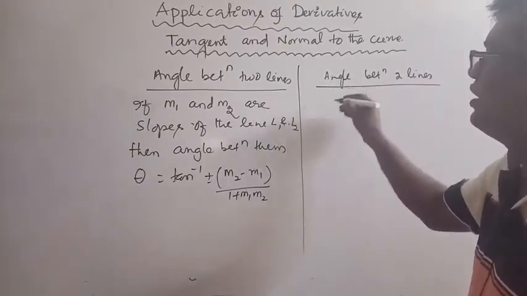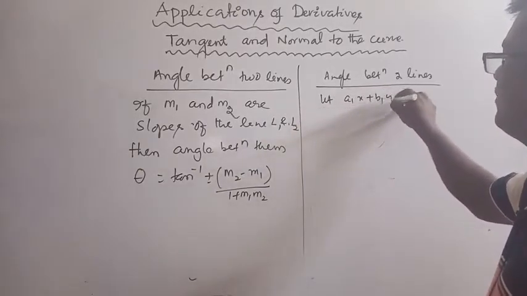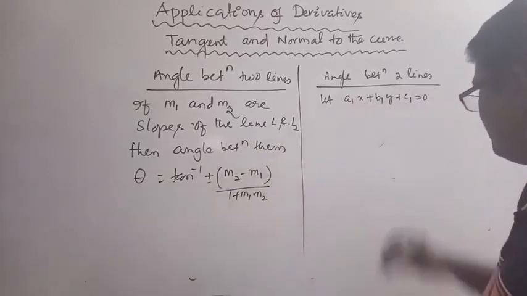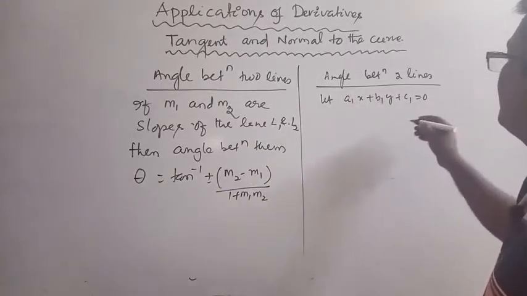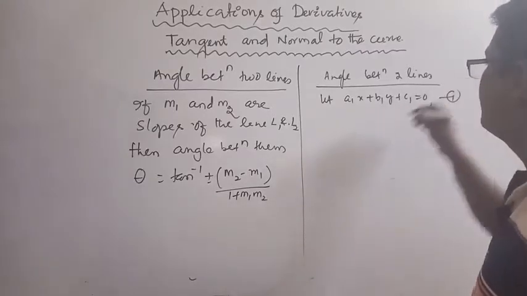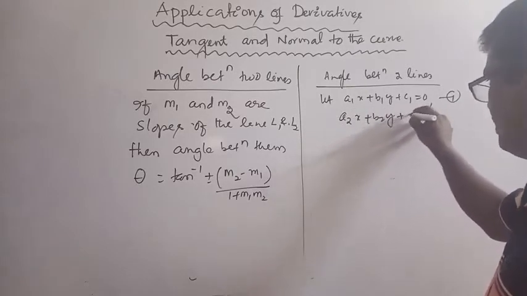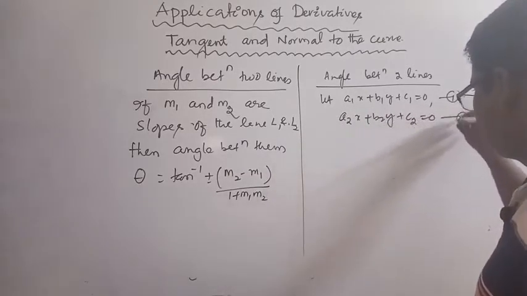If the lines are in another form, let a1x plus b1y plus c1 is equal to 0 be the first equation, and a2x plus b2y plus c2 is equal to 0 be the second equation.